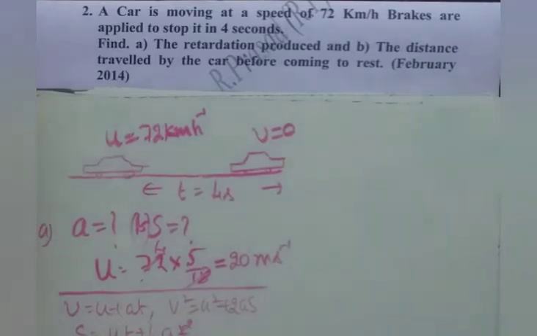What we want is A. What all we know, we think of from the first equation. We should choose the equation in which we know all the things except for one unknown. In the first equation, we know V, 0. We know U, that is 20 meters per second. We know T. What we don't know is A. That's what we require in the first question.